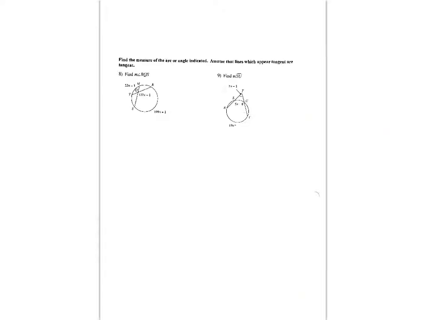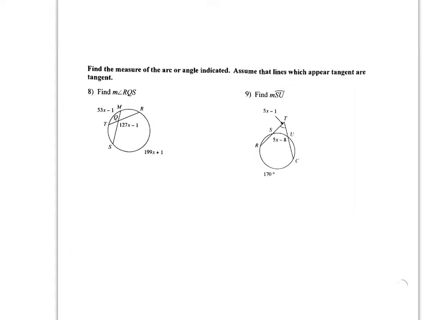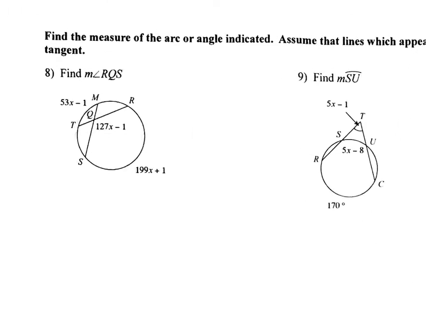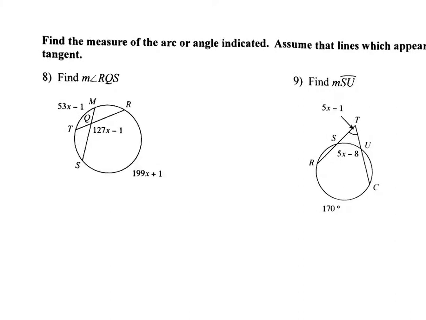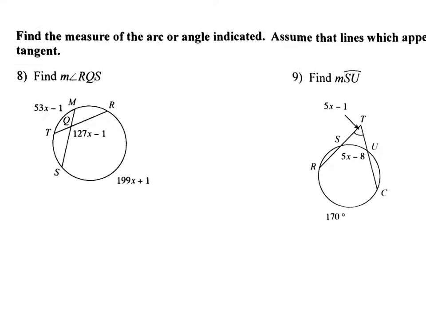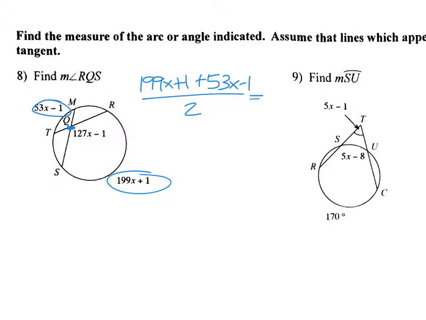All right, almost done. What's different here? The only thing different here is now we have to plug in. So we're still doing the same concept with the problems. Where's our vertex? It's on the inside. We do big arc plus small arc, 199x plus 1 plus 53x minus 1, divided by 2 equals the angle, 127x minus 1.